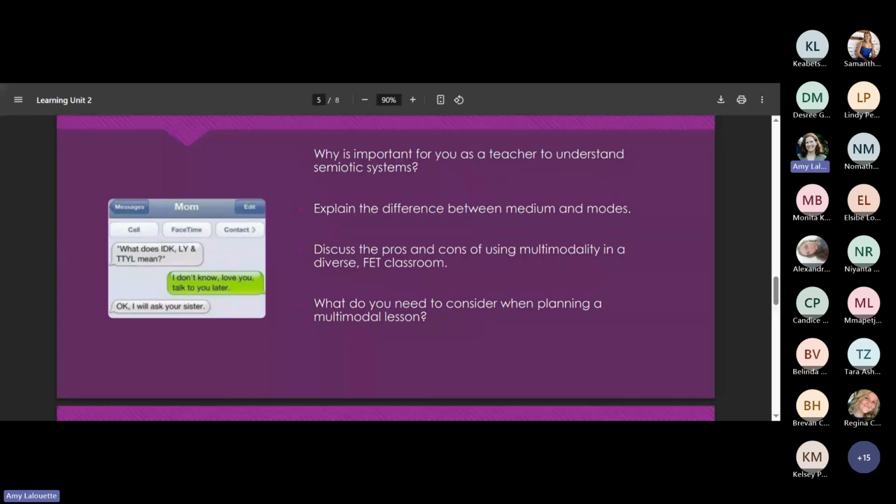The cons are you can overdo it. So if you use audio and visual and videos and posters and you write on the board all in one lesson, it's going to be too much. A lot of your students are just going to start shutting down. Also, if you don't use it effectively, then it's going to dilute the effectiveness of your lesson. And finally, you are going to have students who are not prepared to decode these different semiotic systems.